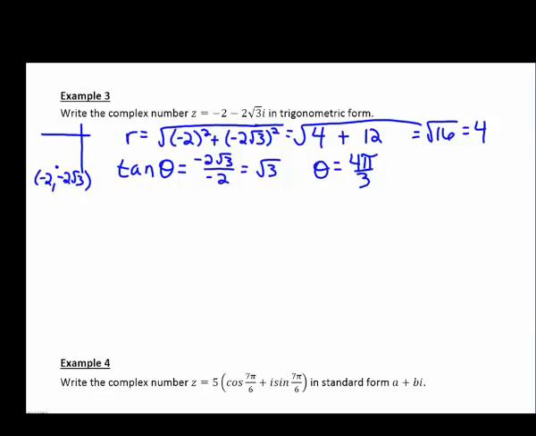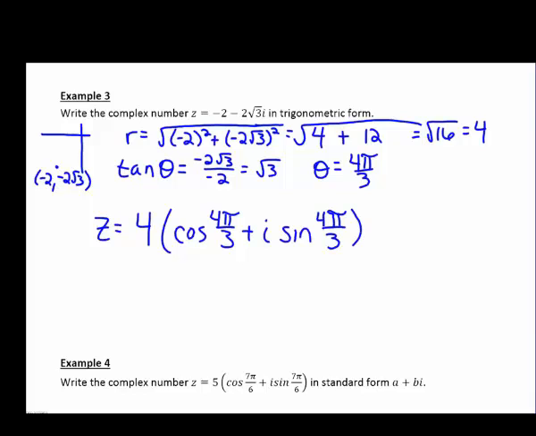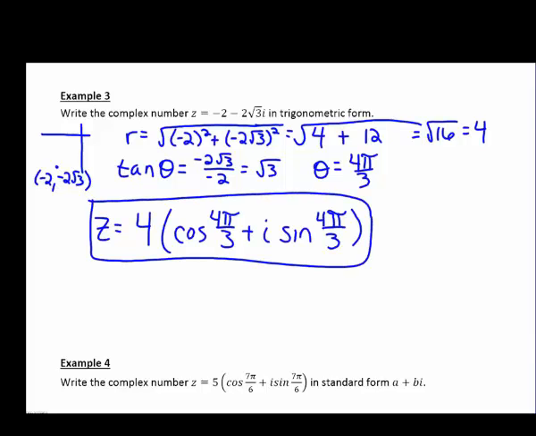And so now we can just put the pieces together. So z equals r, the modulus, times the cosine of the argument, so 4 pi over 3, plus i sine of the argument, so 4 pi over 3. And that is the trig form of negative 2 minus 2 square root of 3 i.